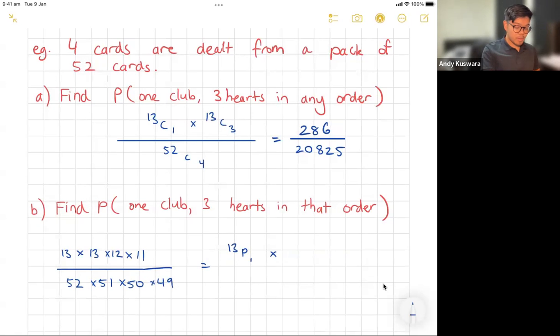But I'm going to multiply it by 13P3, because order now matters. And at the bottom, this is just going to be 52P4. All right, so there's 2 different ways you can think about it. And then if I just write this down, let's quickly change all of these to P's, so I can give you a nice number answer here.